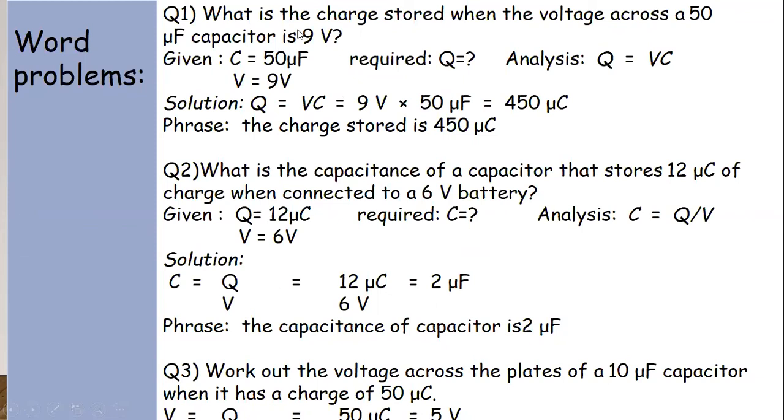Now these are a few numericals you can do. What is the charge stored when the voltage across a 50 microfarad capacitor is 9 volts? So the capacitance is given as 50 microfarad. Micro means 10 to the power minus 6. We need to find Q, how much charge can be stored, and V is given as 9 volts.